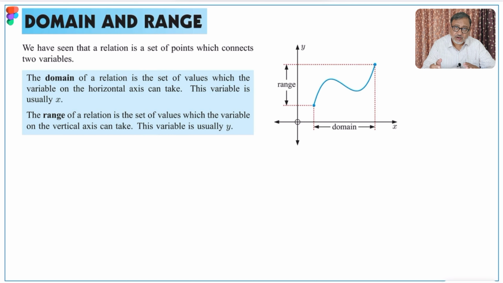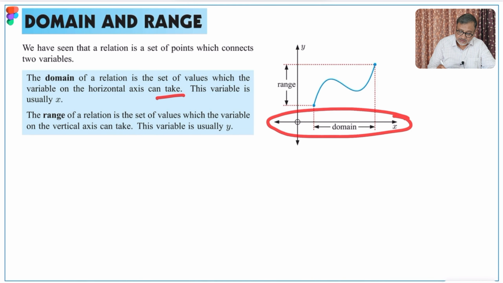Domain is the set of all x values, range is the set of all y values, which satisfy the equation of the function. The domain of a relation is the set of values which the variable on the horizontal axis can take. Horizontal axis means x-axis.